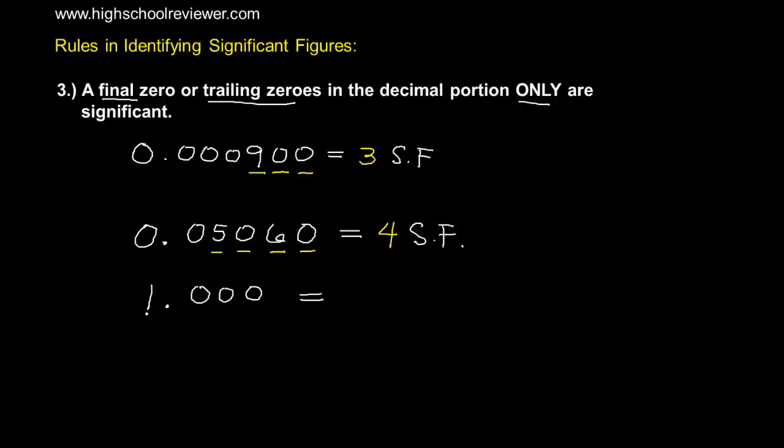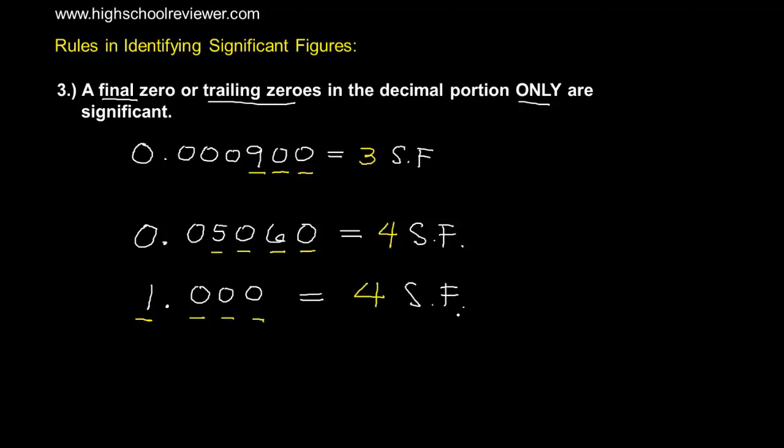Since 1 is a non-zero, this is significant. So all zeros that are trailing, especially after the decimal point, they are significant. So we have here 1, 2, 3, 4. So we have here 4 significant figures.